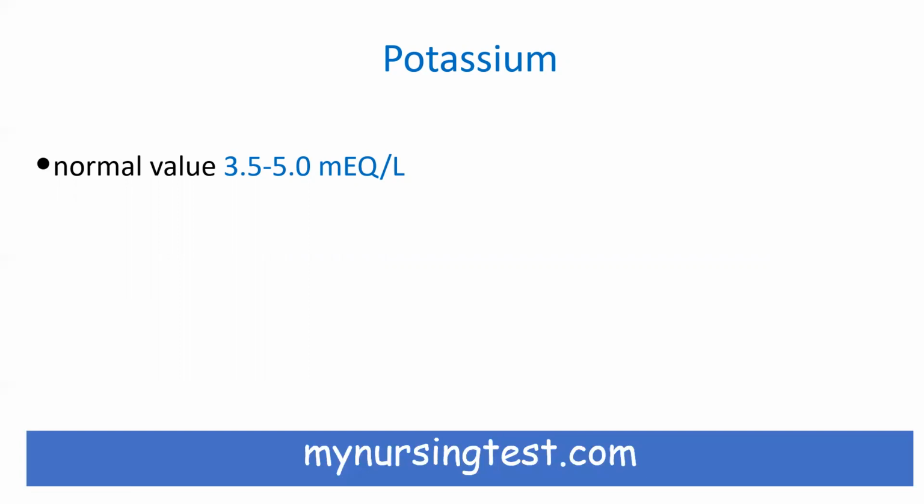So if, for example, it's hyperkalemia, they're going to give you a value of like 6 or 7. They're not going to give you a value of 5.1. Same thing, if they were to give you hypokalemia, they're not going to give you 3.4. They're going to give you 3, 2.5, 2. It's going to be clearly out of the norm.